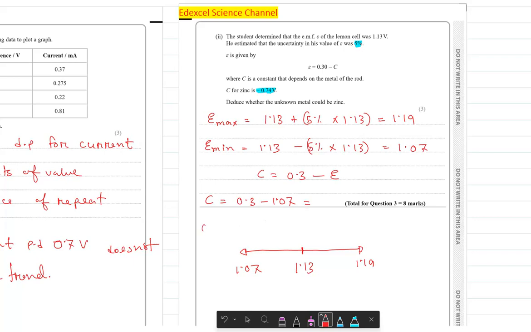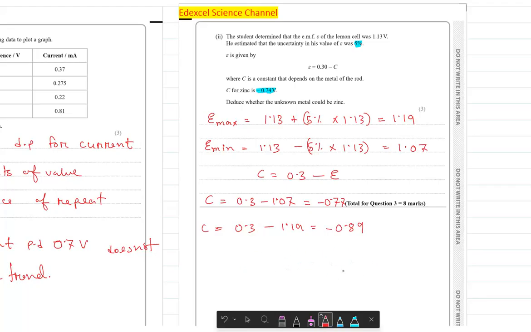And another possible value of C is 0.3 minus the maximum value. If you do this, the value that you get from here is negative 0.77, and the value you get from here is negative 0.89.